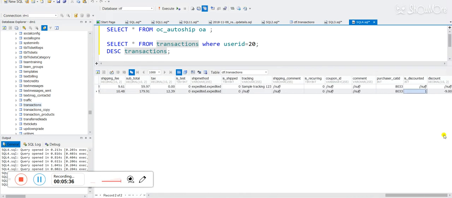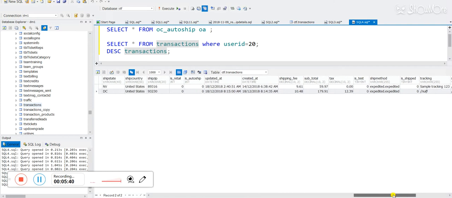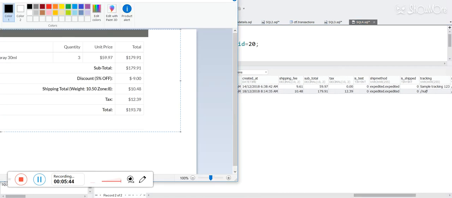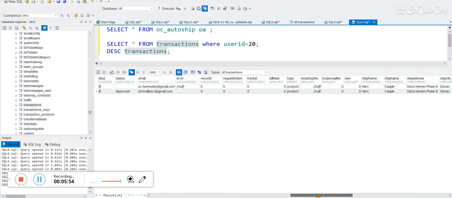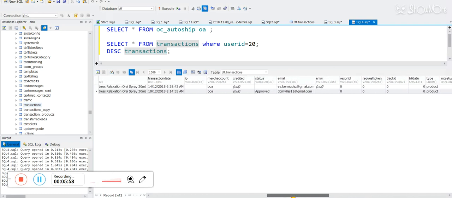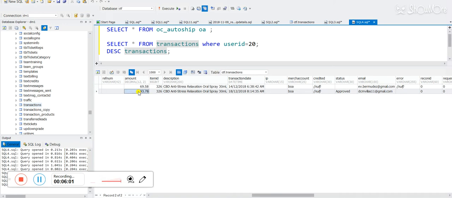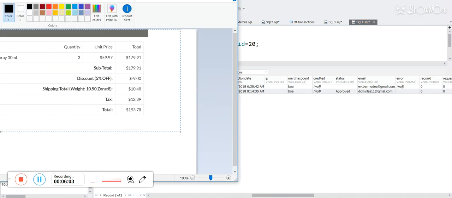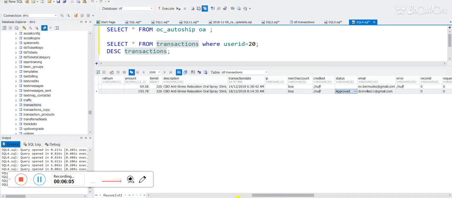So discount is 9 and this transaction is discounted, and tax is 12.39, shipping is 10.48, and then subtotal is 179.91. So that's correct. Total amount charged is 193.78. So that is correct, and then my status is approved.